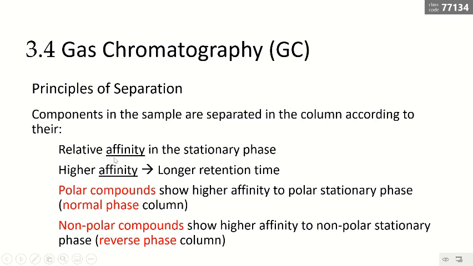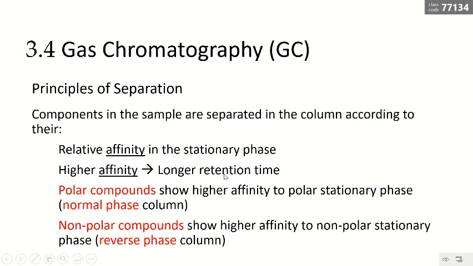If I have a stronger interaction with the track on the ground, I surely will have a longer retention time. Retention time means I will stay with them for a longer time. I don't want to move away at all. So with the stronger interaction with the stationary phase, basically I love the stationary phase. I like to stick with it. So I will stay inside the column, inside this analytical instrument, for a longer time.